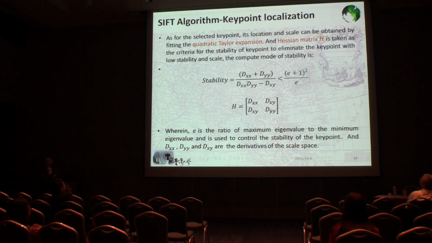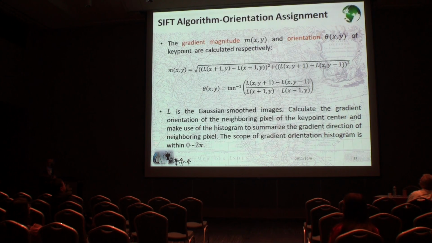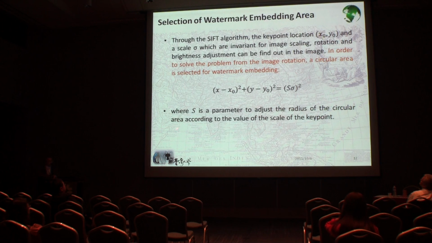So the strong key points will be preserved as important features. Finally, we calculate the gradient magnitude and the orientations of the features. So the information of the features from the SIFT will be used for the selection of watermark embedding areas.